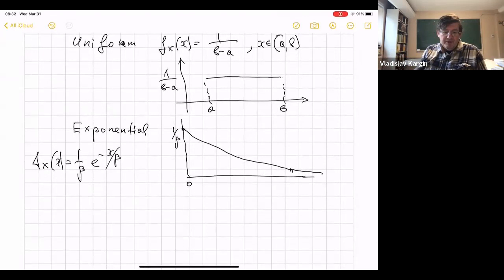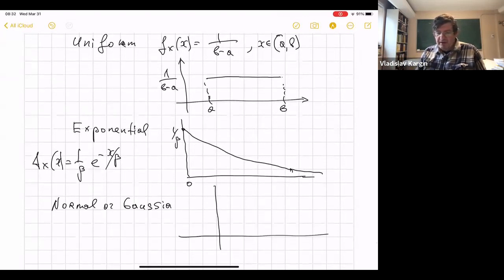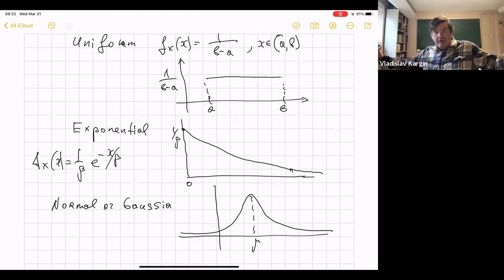Another fundamental distribution was the normal or Gaussian distribution. It is a bell-shaped curve centered at mu, and it extends over the whole real line.